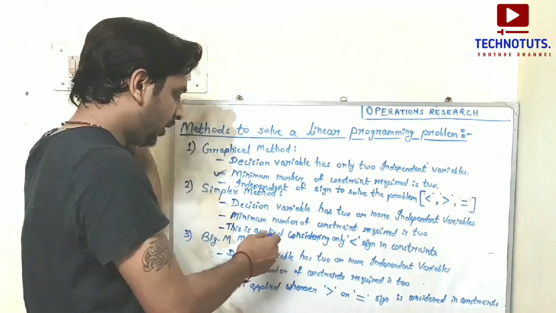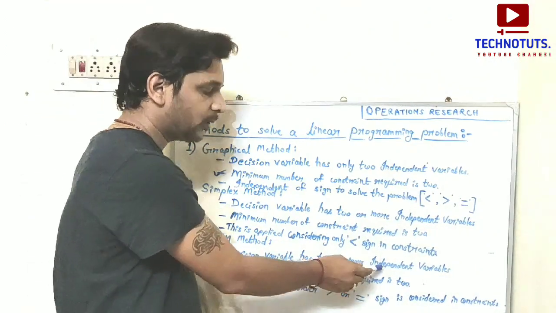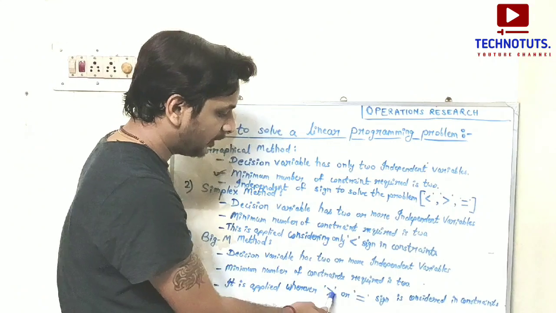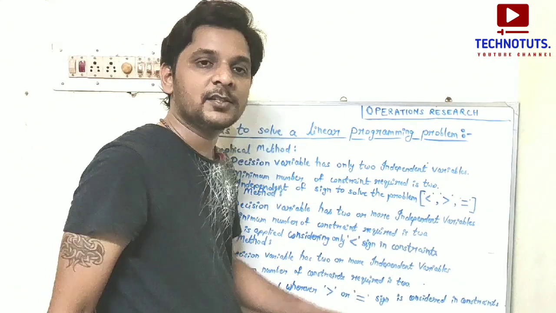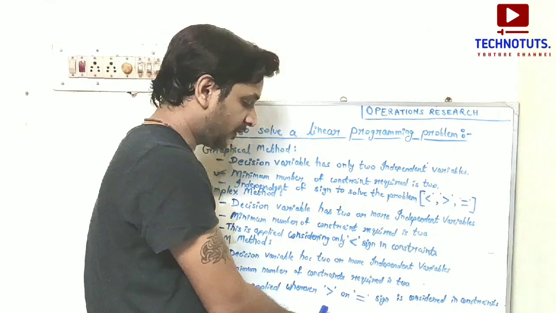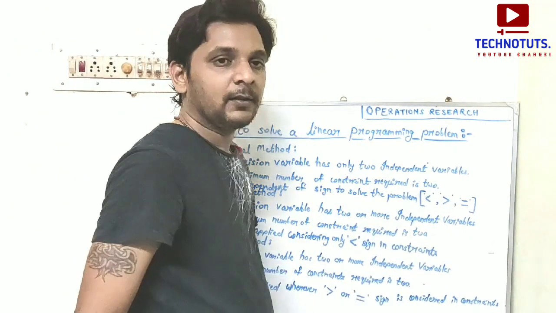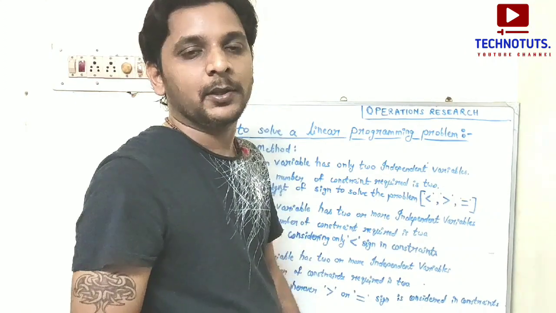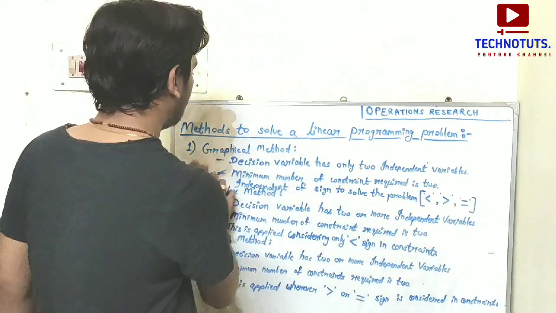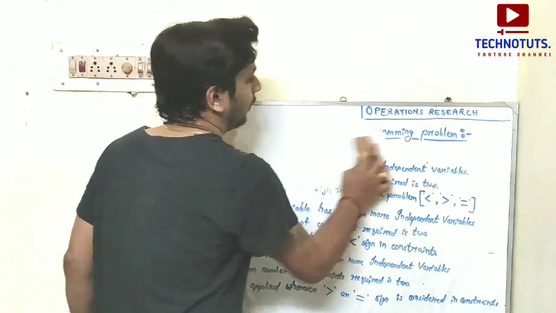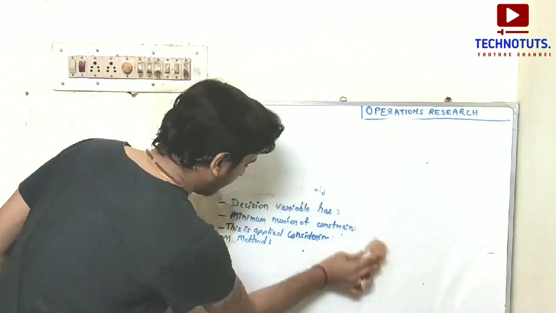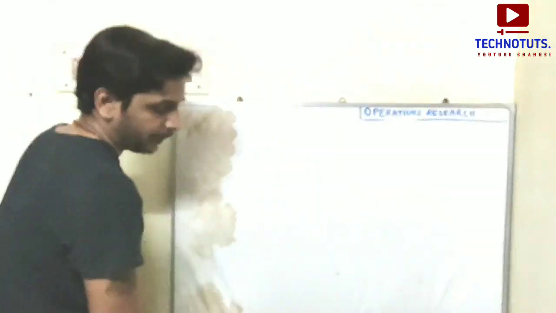And when the decision variables are two or more and the constraint equations have the greater than or equal to sign, then you can apply the big M method. Got it? Let us see in brief when we apply the graphical, simplex and big M methods.